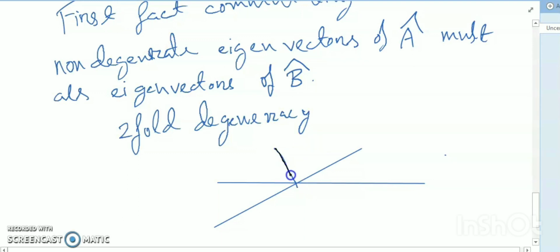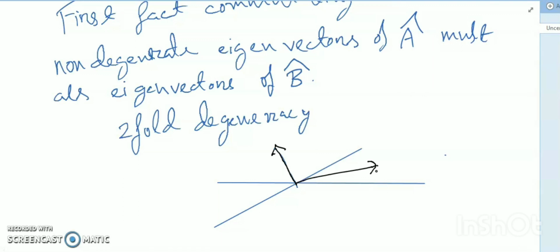I want to show this way and this way. These are eigenvectors for a twofold degeneracy, meaning there are two eigenvectors with the same eigenvalue.